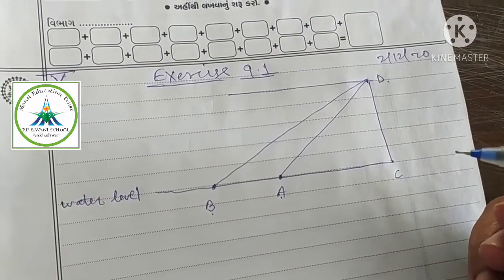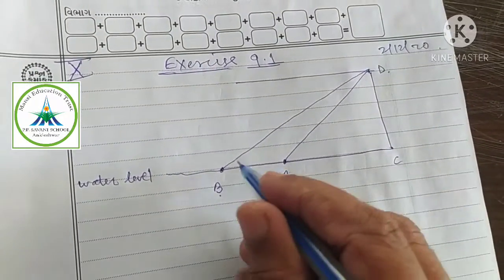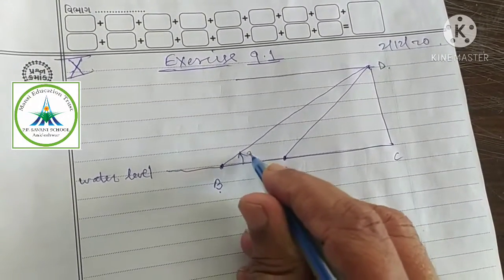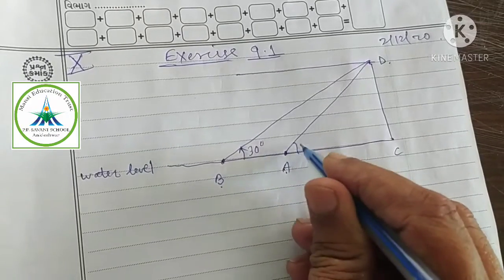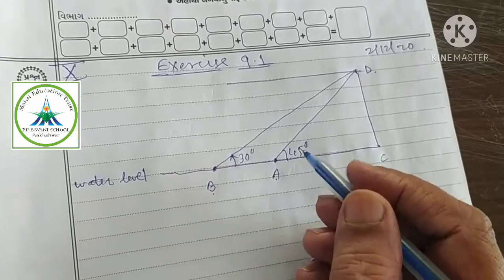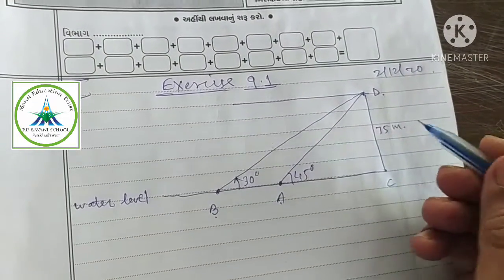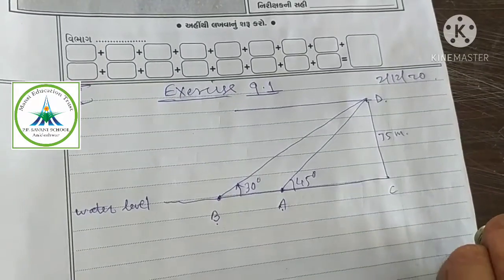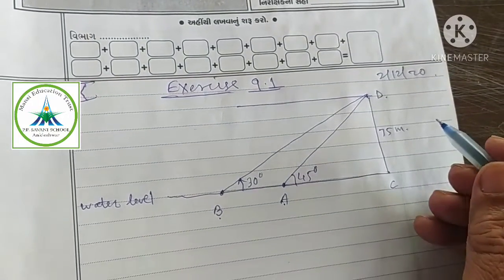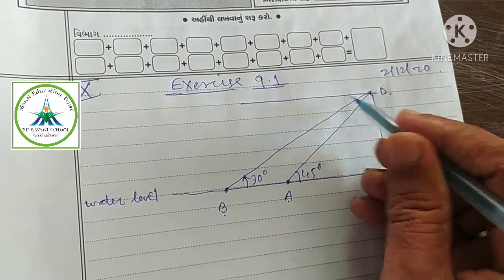Now see, they are telling angle 30 degree and angle 45 degree. Clearly it is visible. This small angle must be 30 degree and this is 45 degree. Clear? Now see, height of the lighthouse is 75 meter. We must show it in the diagram very clearly. See, angle of depression, look here, this angle is bigger and this is small.